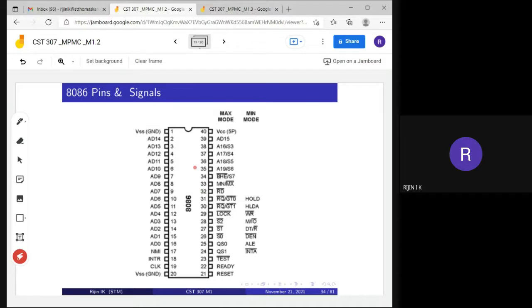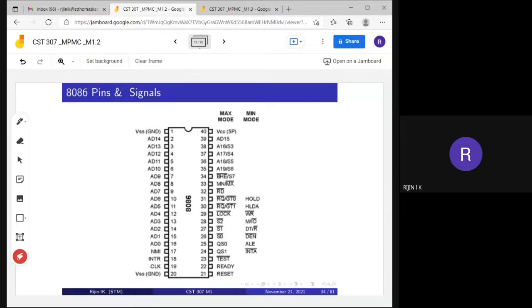Before discussing the detailed pin diagram, first you should know two things. Two modes are there: minimum mode and maximum mode.